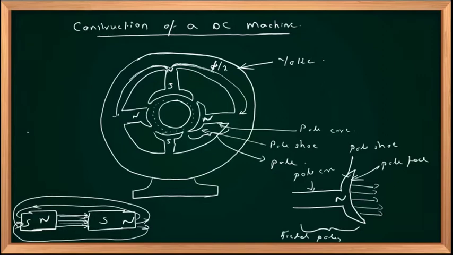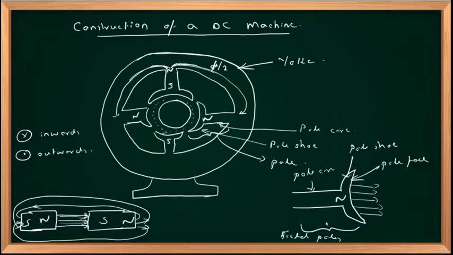We know that the cross sign indicates that the current is flowing inwards, and the dot sign indicates that the current is flowing outwards. Right. So in which way do you need to wind the field windings over the pole core?